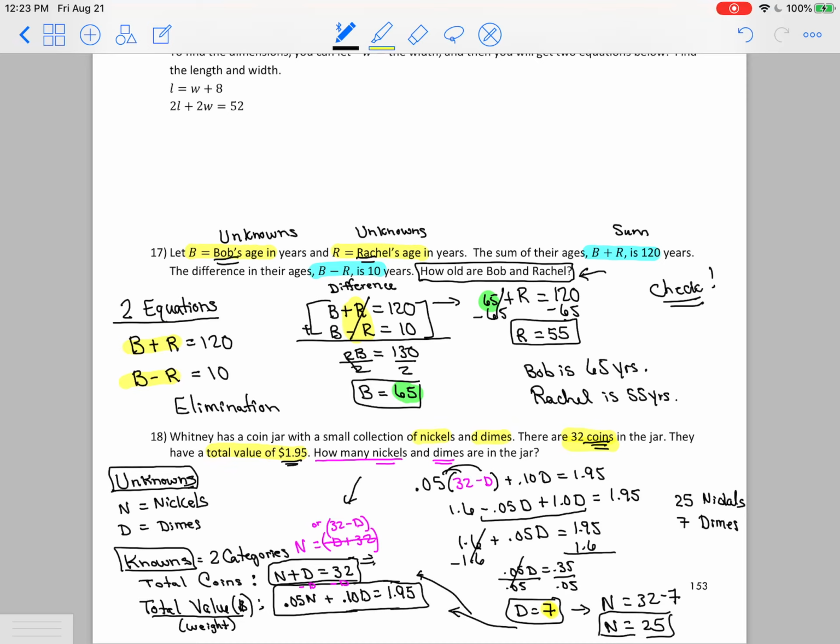All right, guys, so that was an example of both methods, the elimination method and the substitution method. I would say number 21 would be a good one for you guys to practice.